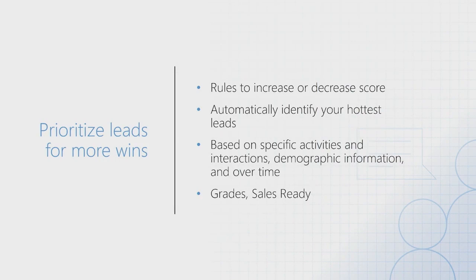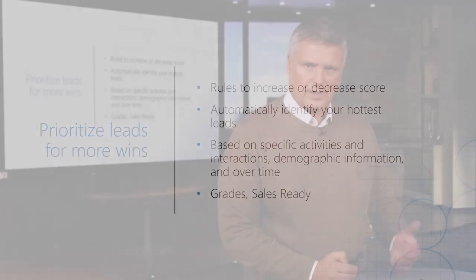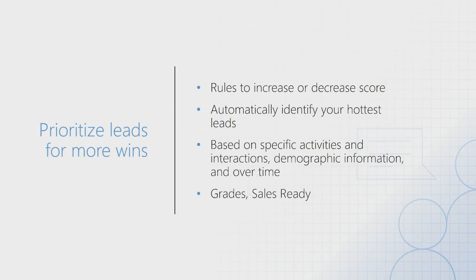So we have rules to increase or decrease score, and that will allow you to add grades to the leads. You can specify that scores in a range from 0 to something would be hot, and from another range to another range will be cold, and so on and so forth. And you can label the leads, and you can ensure that only the hot leads are forwarded to salespeople.